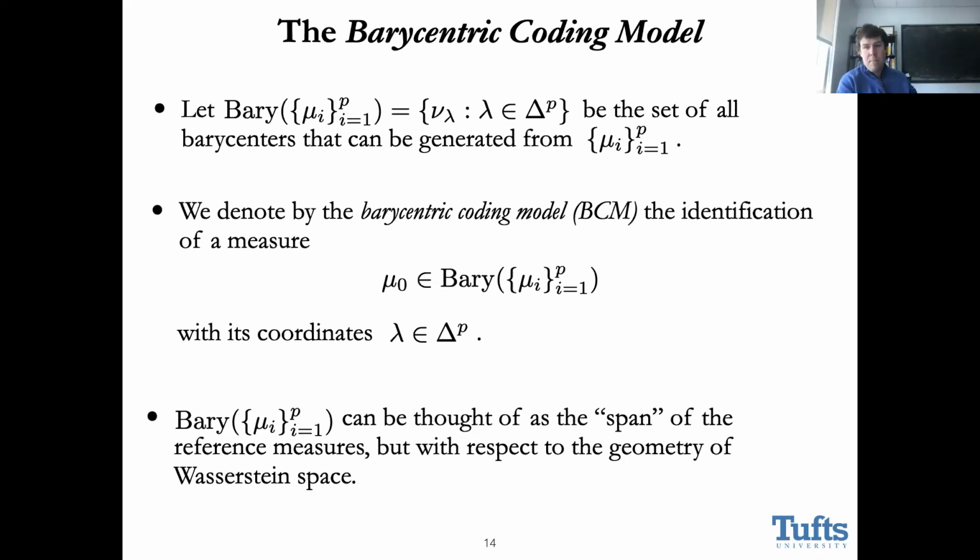In some sense, learning this coefficient lambda would depend statistically not on the dimension that these measures live in, but on P. The intrinsic dimension that's relevant here is not the dimension in which these measures are supported, but rather the number of generators in this model. That was our motivation.